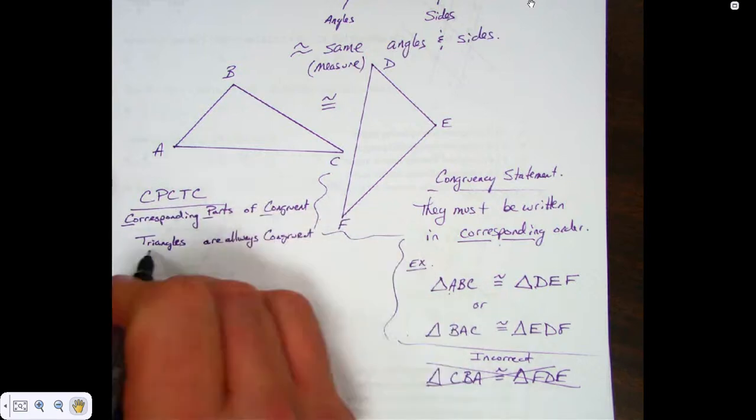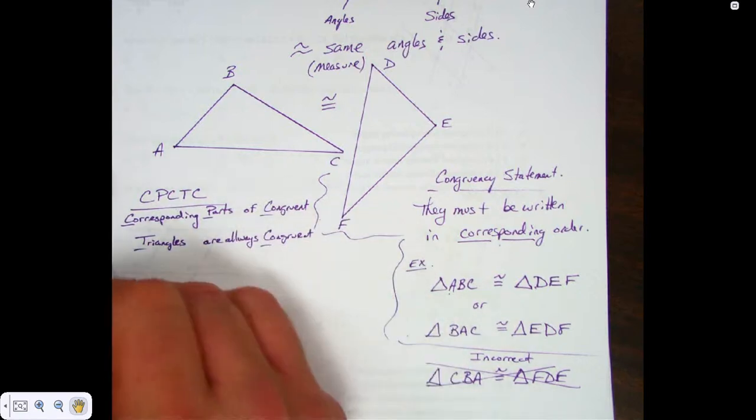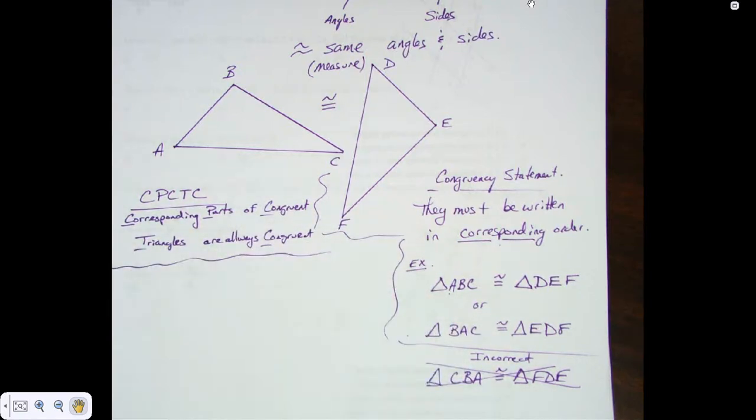CPCTC. When we do a couple proofs from this chapter, a lot of times your reasoning will be CPCTC. Corresponding parts of congruent triangles are always congruent.